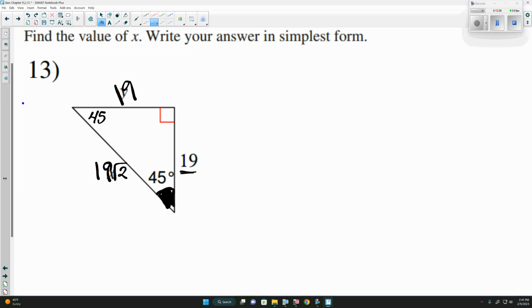Because we talked about the biggest angle being opposite the biggest side, yes? What are the two angles we have in this? 45, 45, yes? So the sides opposite them should be the same. Because why? Because we could say sine. So if we did sine of this angle here, it would have been y over 19 square root of 2.